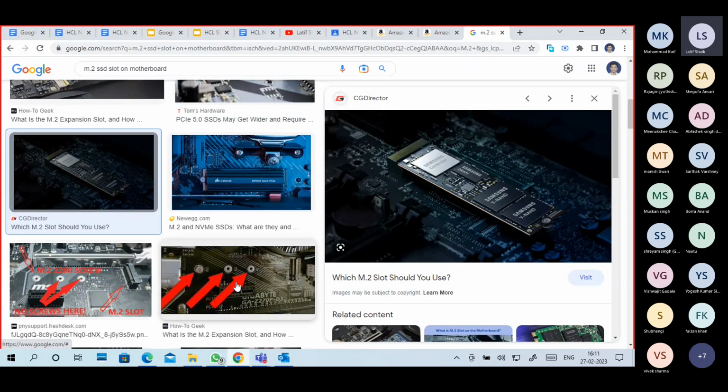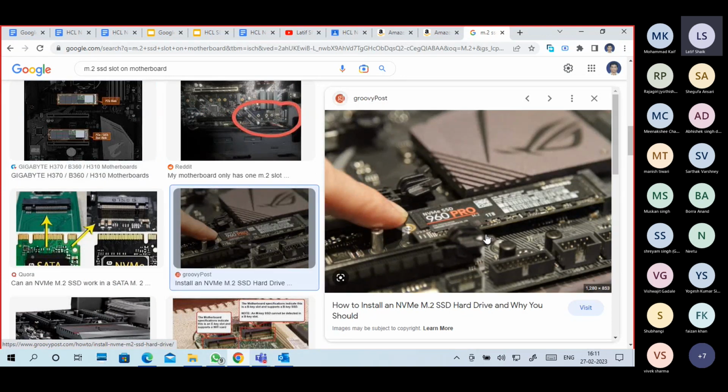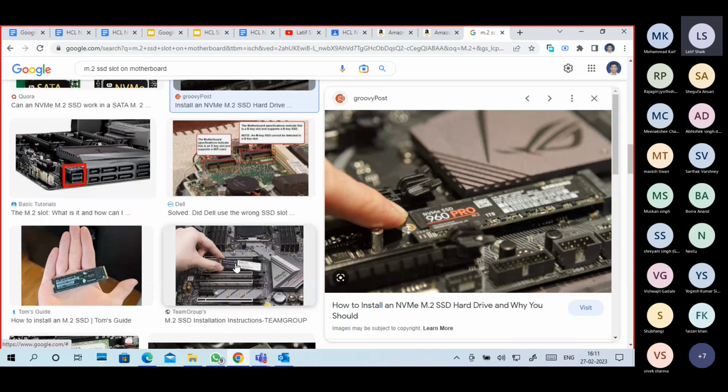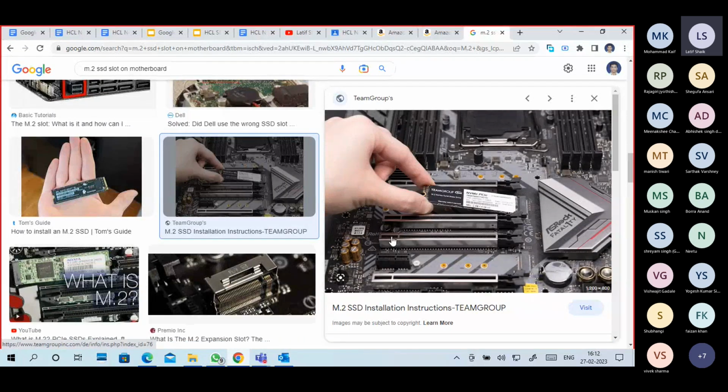In certain laptops, we can connect multiple SSDs. So when buying a laptop, compulsorily check whether it has multiple SSDs or an SSD plus hard disk option.